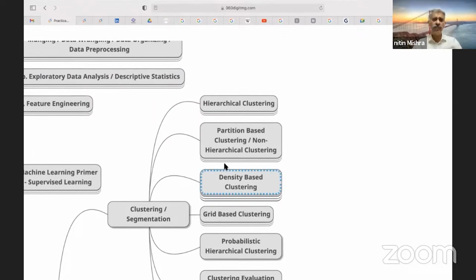The next question is with reference to understanding the choice of the K value in partition-based, specifically non-hierarchical K-means clustering. We have something called the scree plot, and we choose the elbow curve. Almost everybody whom I have interviewed is aware of what the elbow curve is.